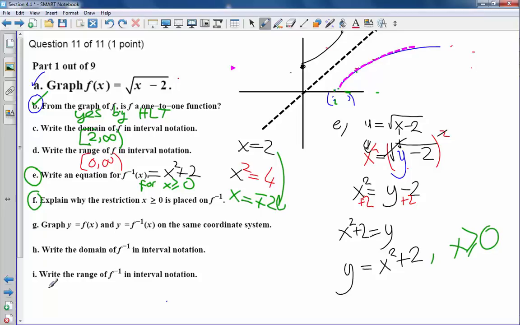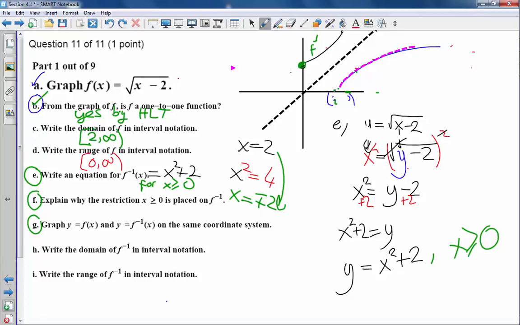Alright. Next, graph f inverse. I already did. This is f inverse, just the right piece, starting at 2. Okay, we did that part too. Next, write the domain of f inverse.